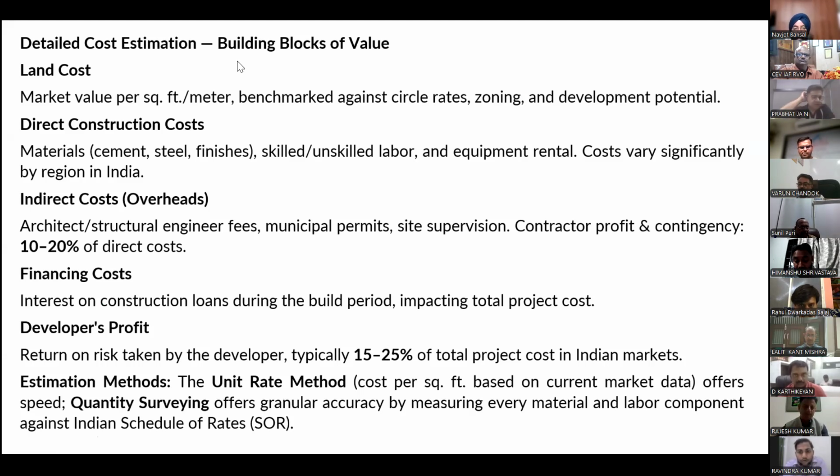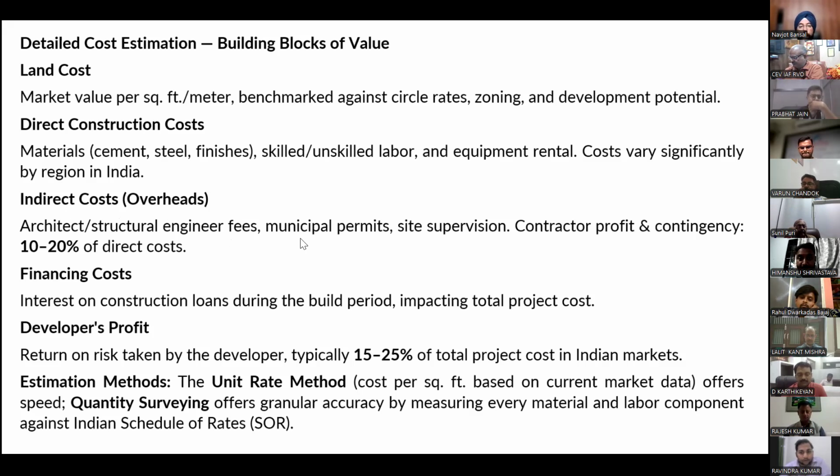So what we have learned today in the detailed cost estimation: first of all, calculate the land cost, meaning market value per square feet or per square meter. Then check circle rates, zoning and development potential. Then calculate direct construction cost. You calculate materials, the different items, and apply schedule of rates.